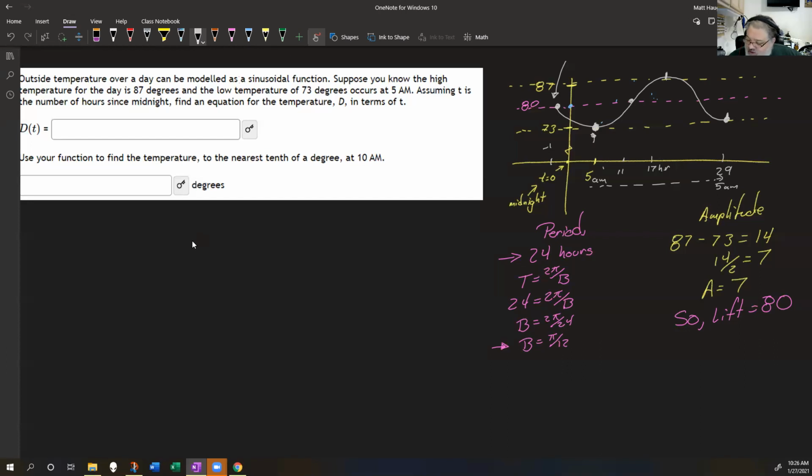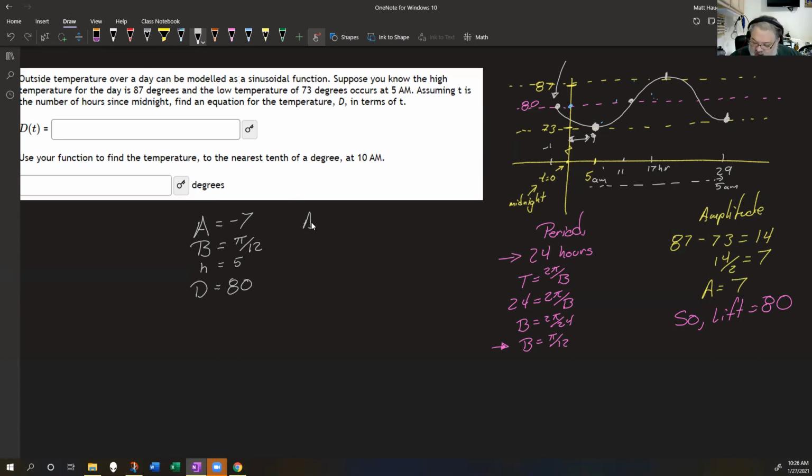All right, so if we're going to use cosine, we're going to have that amplitude of 7, but as Corey pointed out, because we're starting at the low, that A is going to have to be -7. Our B is pi over 12, which forces our period to be 24 hours. That D, our lift, is the 80 degrees. And because we've shifted over 5 hours, and it is nice to use because they gave it to us, we do have a shift, that H that they like to use, of 5.